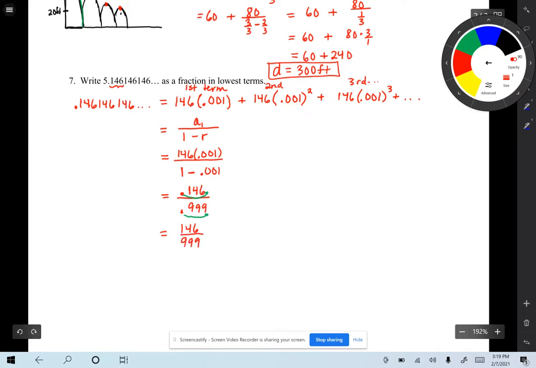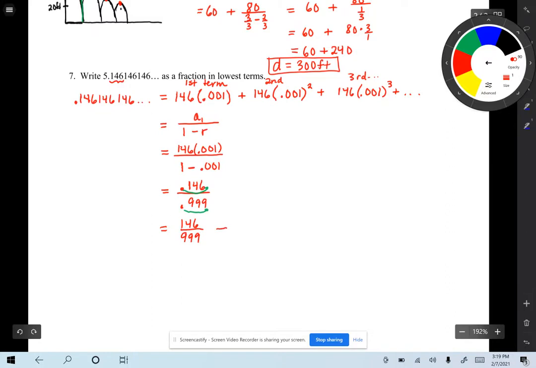And now here's where we add the 5 in, because there is a 5 point whatever. So we add that in, and we're going to write a fraction with a common denominator. So this one is 146 over 999. And this one, you want to multiply 5 times 999, which is 4995 over 999.